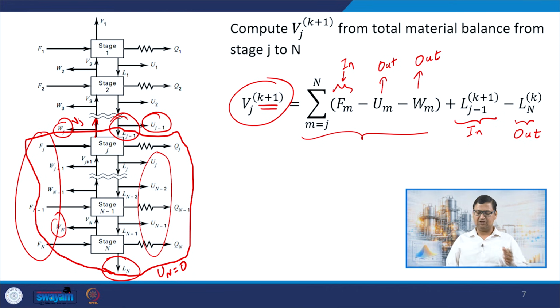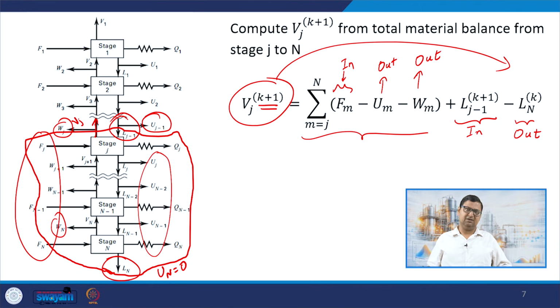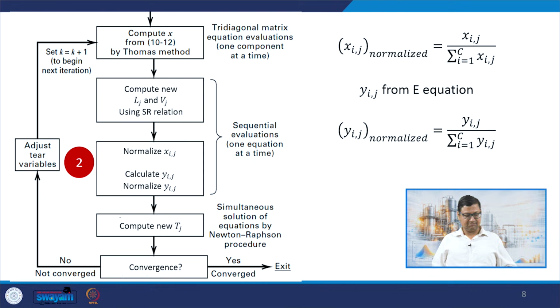I can write it in another way. I can move this thing to this side, that becomes a total material balance for stage j to n, but since I want to compute the new value of Vjk plus 1, I have kept it on the other side. So, now we have got this new Lj and new Vj, that is Ljk plus 1 and Vjk plus 1.